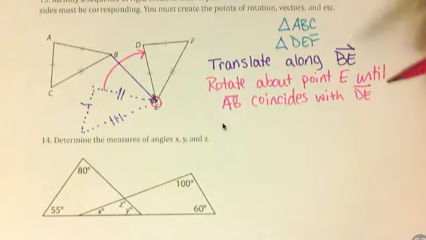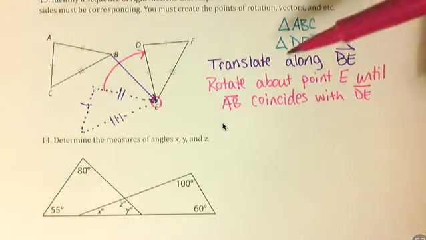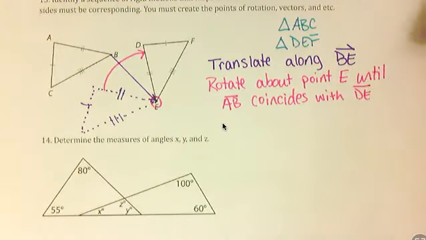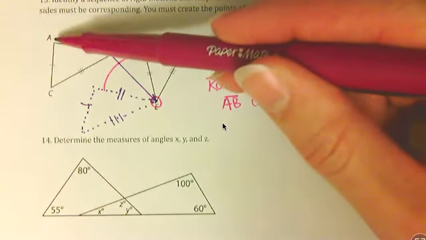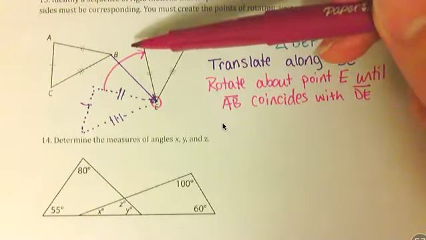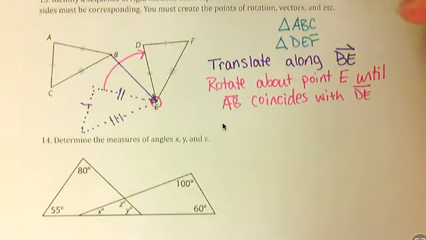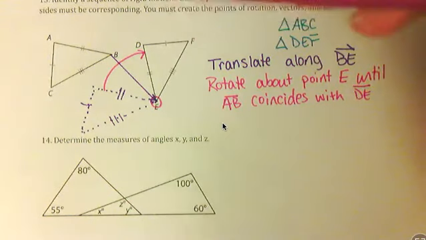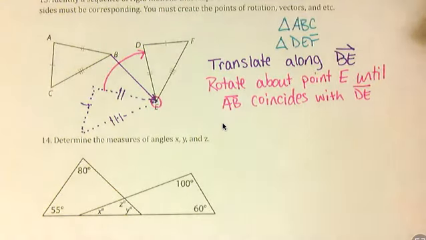You could shorten this. You could just say rotate about point E until AB touches DE. That would work too. You could translate from A to D and then rotate around. There's a lot of different ways that you can go about this, but I think this is the most efficient.